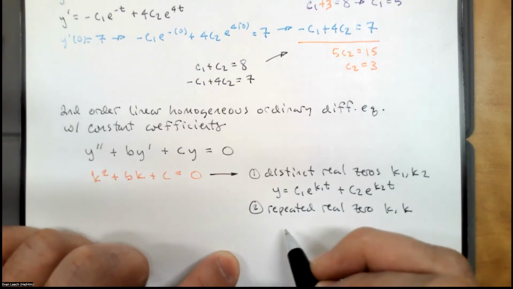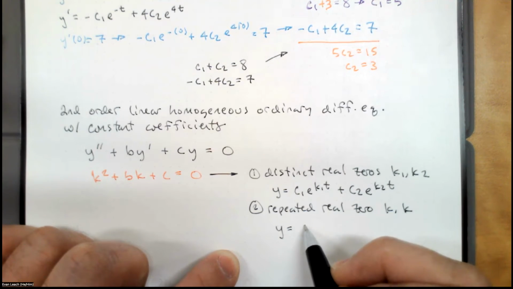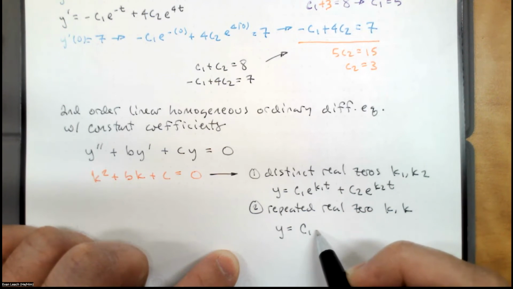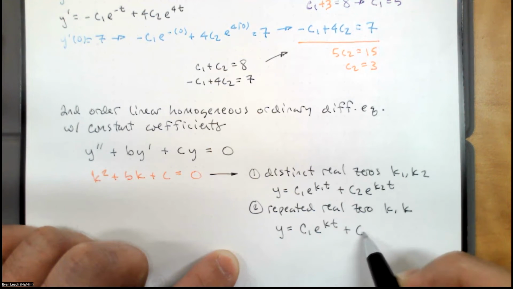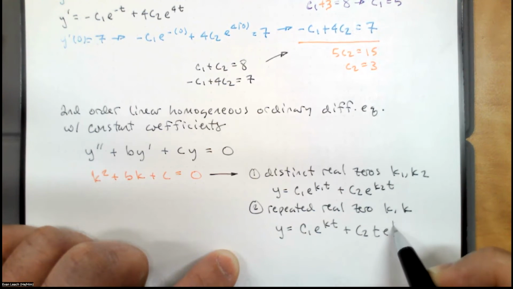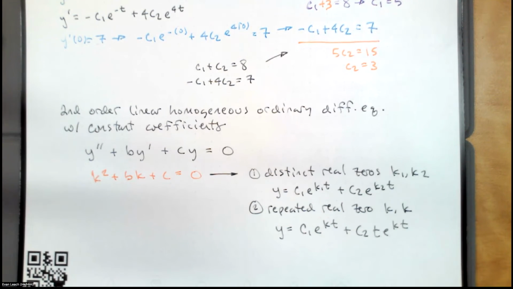We still need to have two linearly independent solutions to make the general solution. So we put C1 e to the KT and C2 times T e to the KT. Now I have linearly independent solutions.